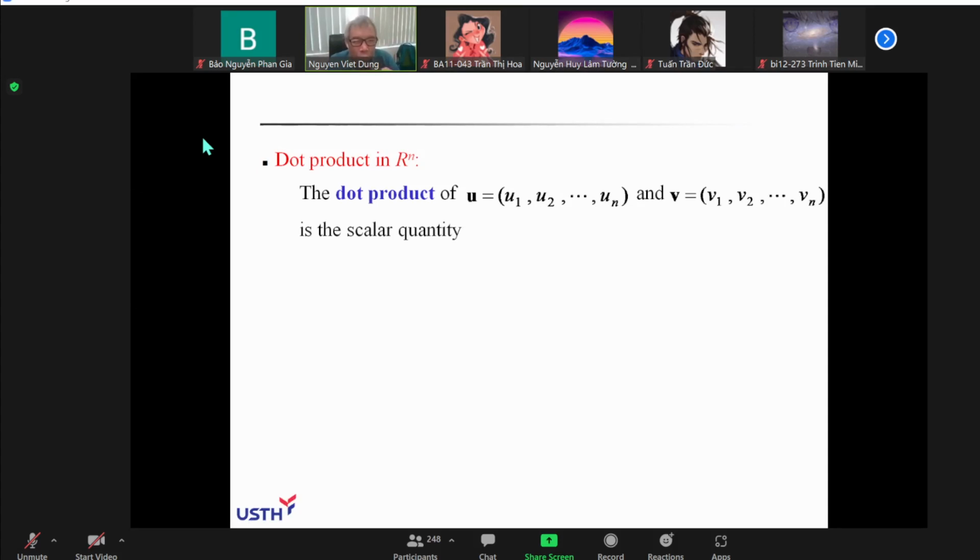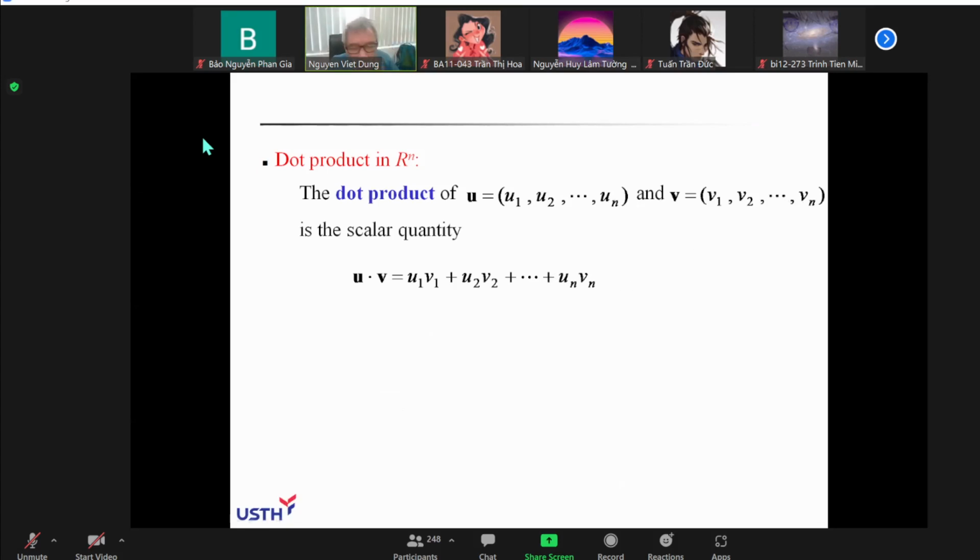Then the dot product of u and v is a number denoted by u dot v and is defined by: you take u1 multiplied by v1, and then plus u2 multiplied by v2, and so on up to the last one, un multiplied by vn.